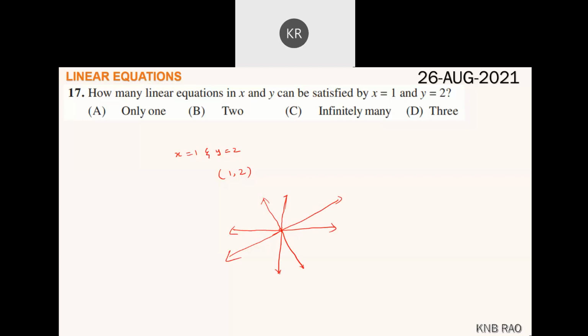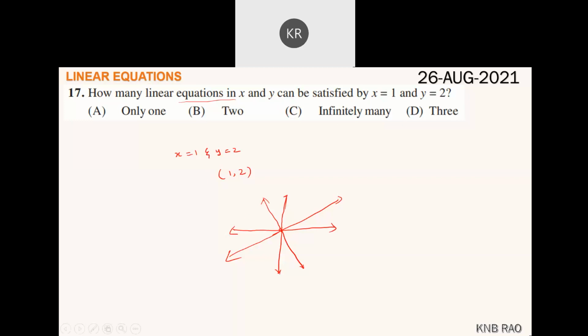So we can find infinitely many linear equations in x and y which are satisfied by (1, 2), that is x equals 1 and y equals 2. Have you understood? So the right answer is C, infinitely many.